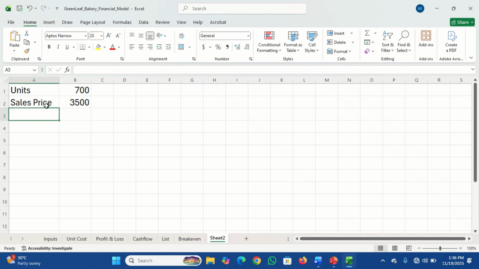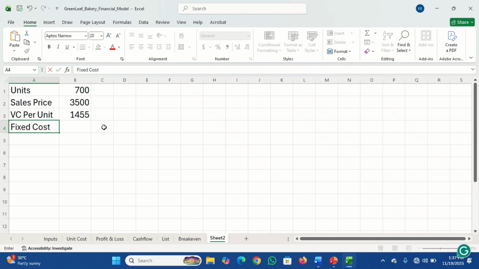Then we'll have our variable costs per unit, which is 1,455 naira, and we have our fixed cost as 1,625,000.